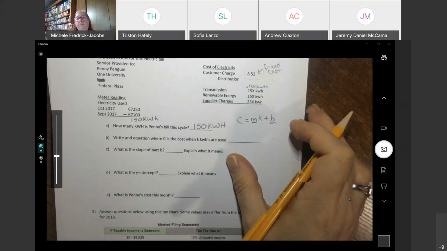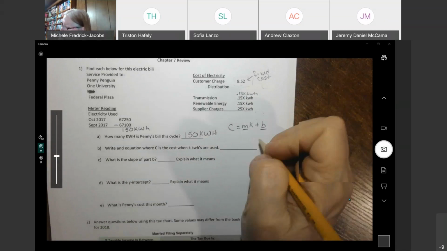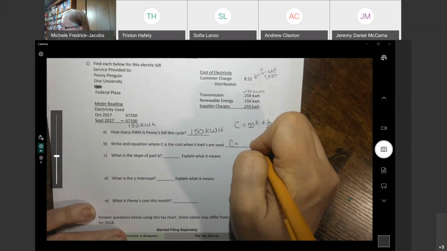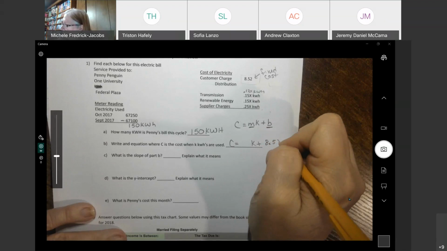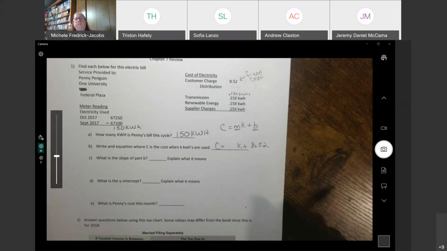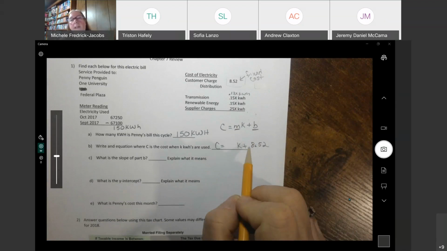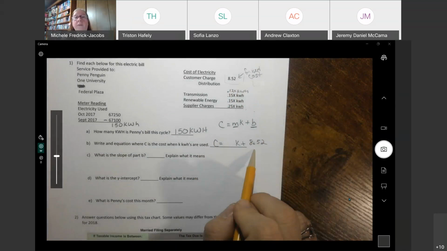So that's your B. We know C equals, we're looking for M, and we just found B, which was 8.52. So this one wasn't multiplied times kilowatt hours. It's a fixed cost, so it was B.